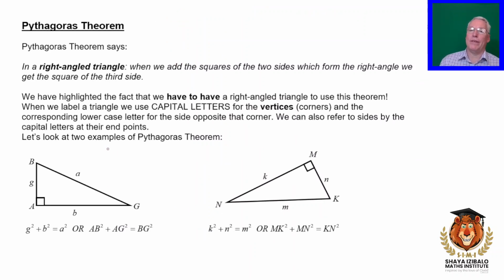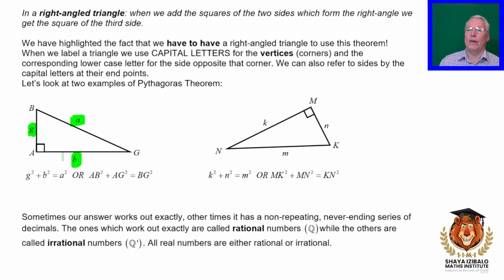It says that the two sides that make the right angle, squared and added together, equal the longest side squared. So notice over here, little g squared plus little b squared equals a squared. The full name for this big triangle is BAG with capital letters. What we do is we use small letters for the sides opposite.